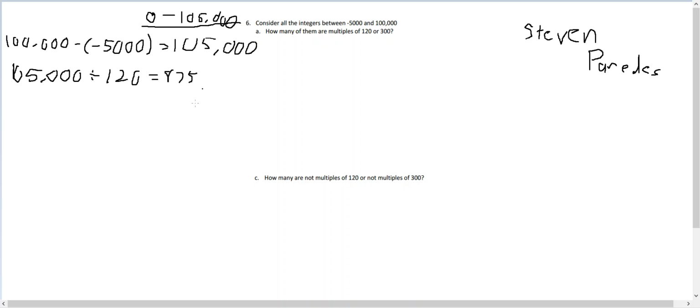So that tells us that there are 875 integers in the range from 0 to 105,000 that are divisible by 120.